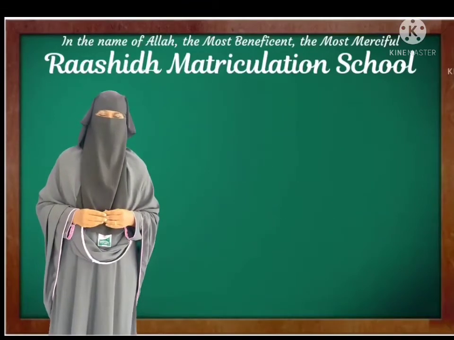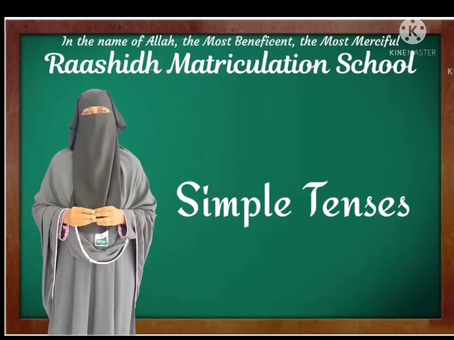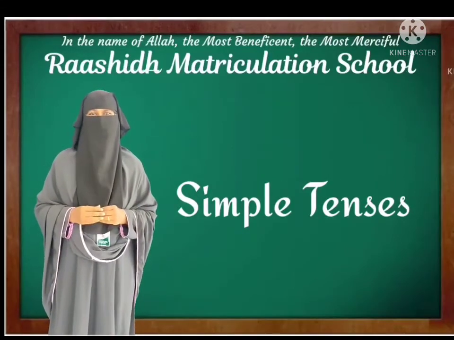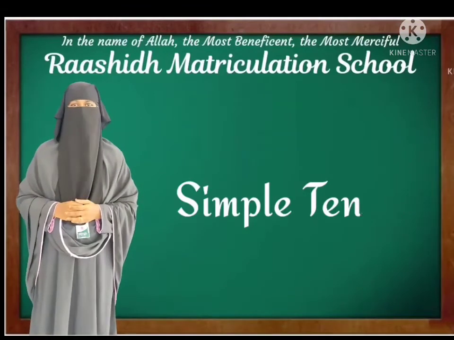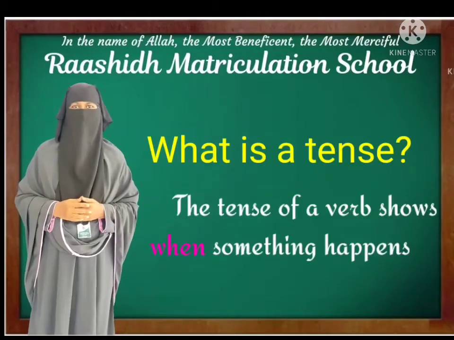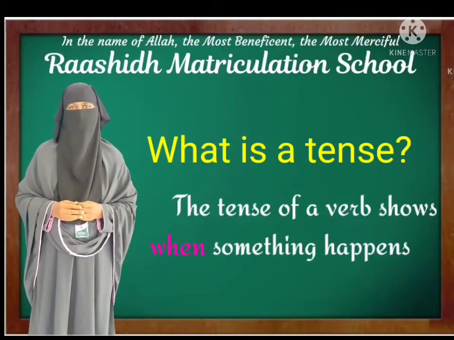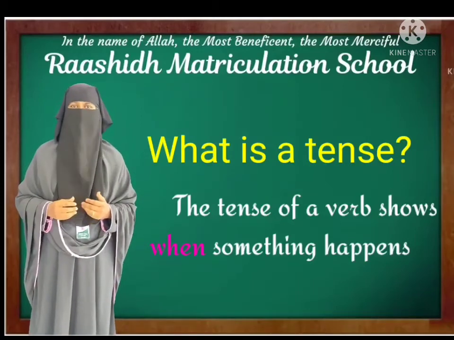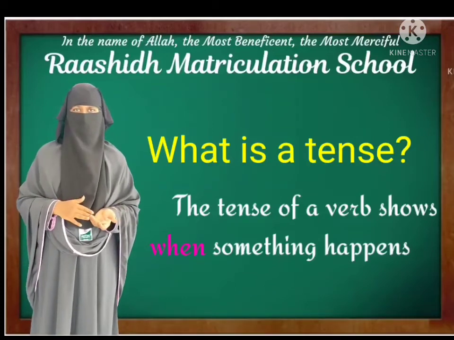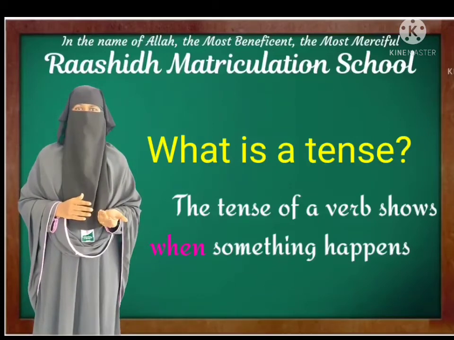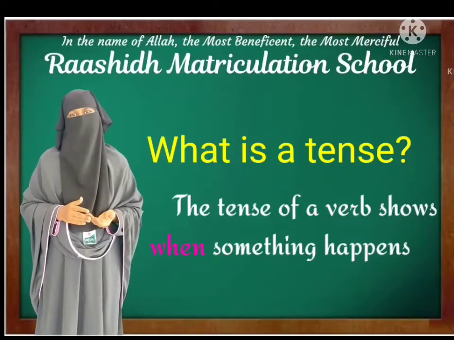What are we going to learn? Simple tenses. Before getting into simple tenses, we have to know what a tense is, right? The tense of a verb shows when something happens. For this, we have to know what a verb is. You all know what a verb is, right? A verb is an action word.